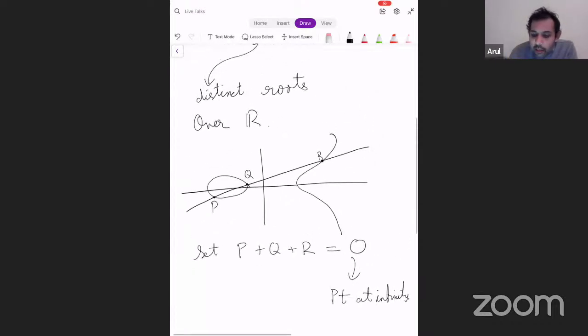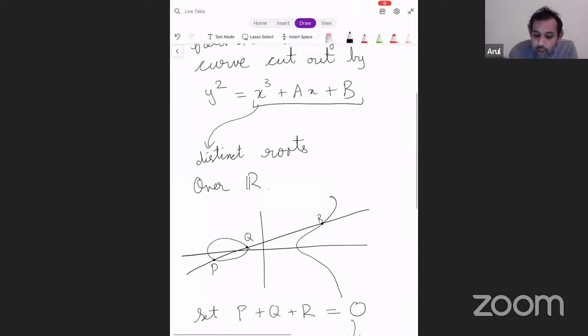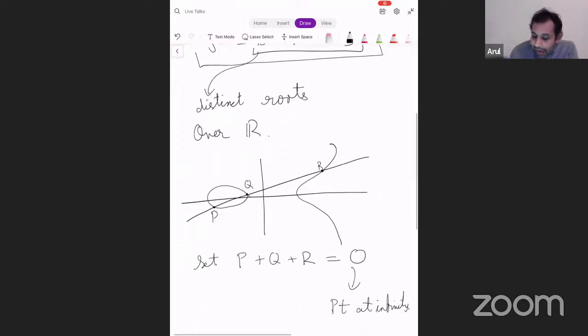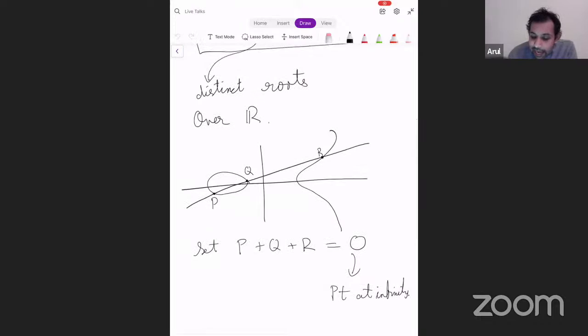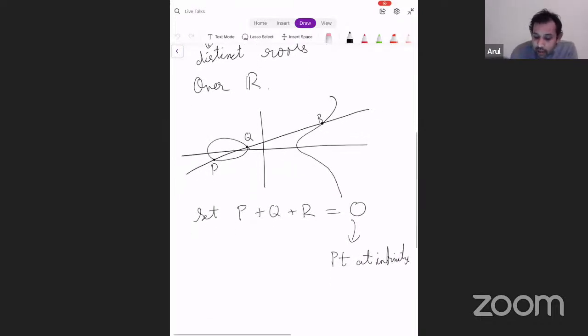So you take all solutions to the equation y squared equals x cubed plus ax plus b, and you add to it 0, the point at infinity. For every line that intersects this curve at the 3 points P, Q, and R, you set P plus Q plus R equals 0.